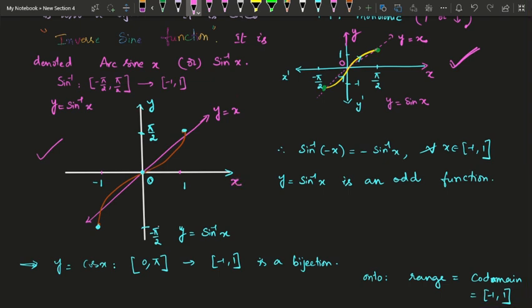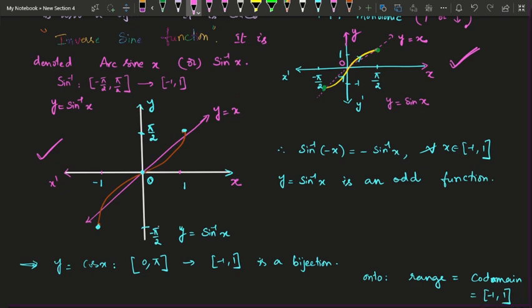The reflection of the y-axis in the line y equals x becomes the x-axis, and the reflection of the x-axis in the line y equals x becomes the y-axis. That means we have to choose the points minus 1 and 1 on the x-axis, and minus pi by 2 and pi by 2 on the y-axis. Now the graph of y equals sine inverse x looks like this, right?